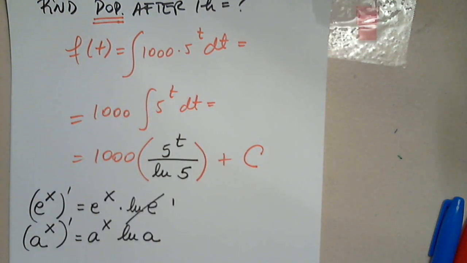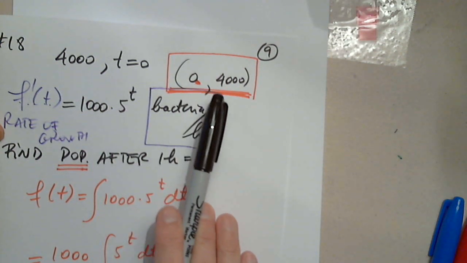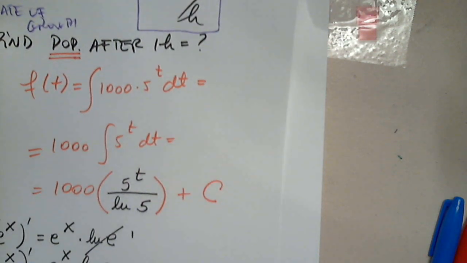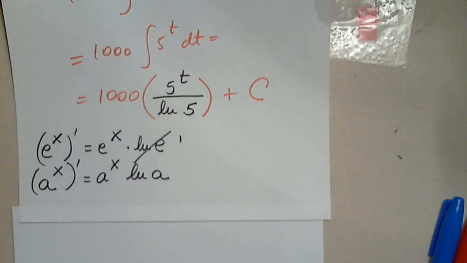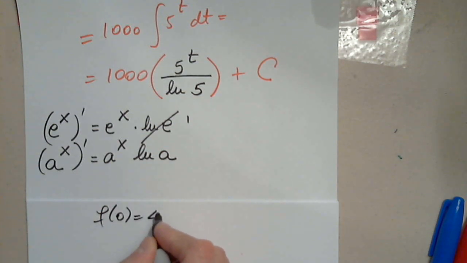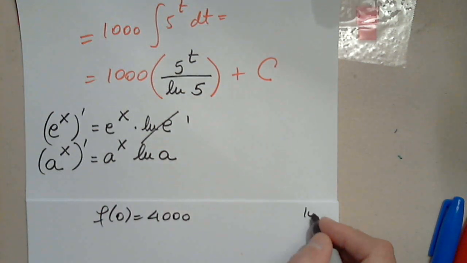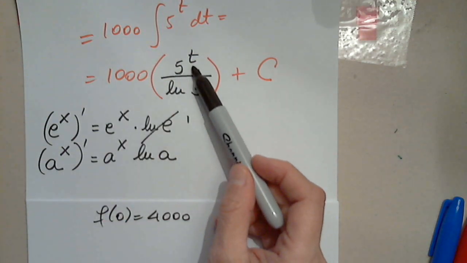And 1,000 is 1,000. At this point, I will plug in 0. I will get for the function 4,000, and then that will enable us to find the constant. So we know that f of 0 equals 4,000. So here's the function. So I plug in 0. 5 to 0 is 1.